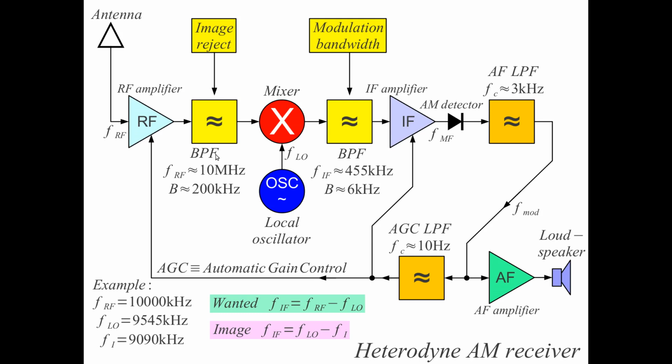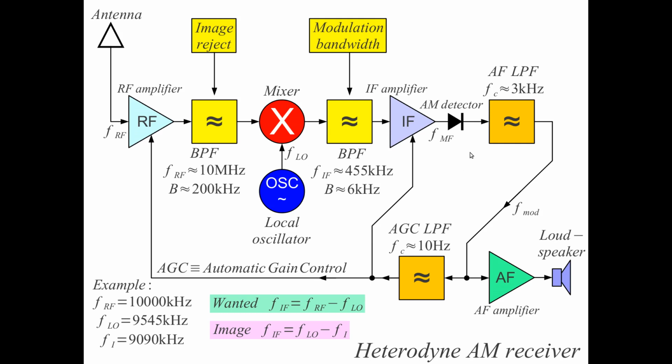We should be able to filter out the image response with the filter that we can make here, with the Q that we have available. And this is a typical choice for a shortwave radio receiver. This can be done, actually. These figures can be obtained. This is also Q loaded below 100, so it can be done with simple lumped component tuned circuits here.